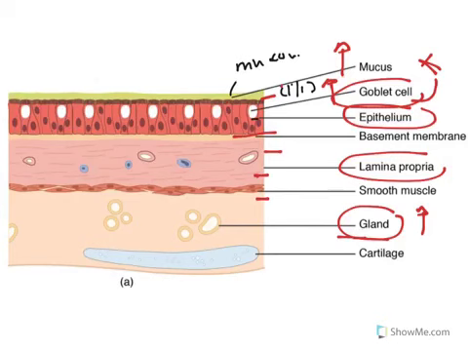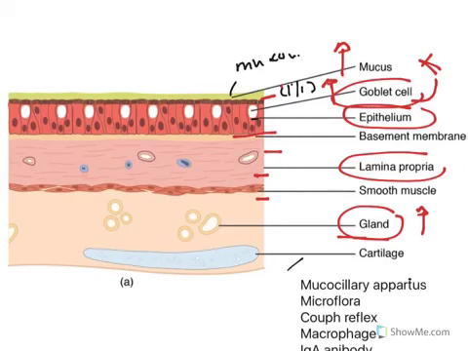We also have normal microflora covering the lung system. We also have the nose hair. All of these help protect our lung system or respiratory system from inhalation of bad air, polluted air, or infectious organisms into the lung. As you see here, I wrote for you the defense mechanisms that normally exist in our respiratory system.